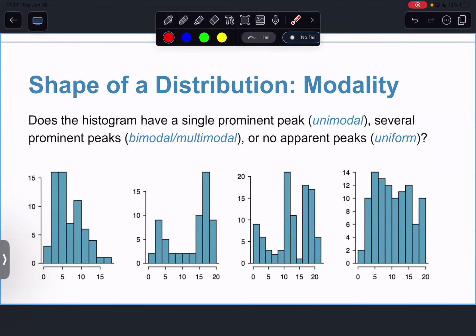So when we started our journey and talked about the shape of the distribution, we said I could talk about the peaks, and those peaks are called modes. So a mode is a peak in the distribution.